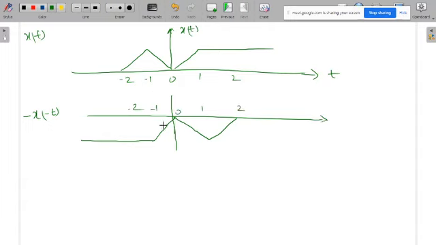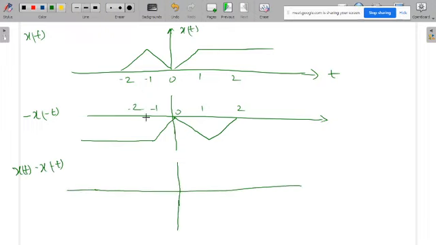Now we are having both the signals. You just try to add these two signals, x of t and minus x of minus t. Once you add these two signals, what will be the answer? What is happening before t is equal to minus 2?